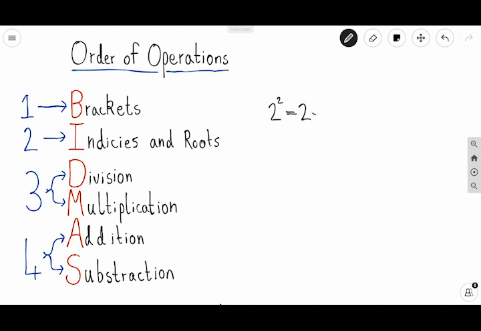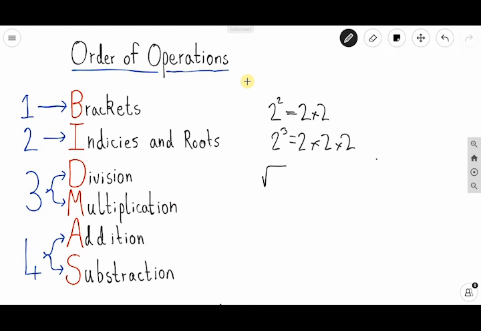And if there is a 3, that's just 2 times 2 times 2, 3 of 2's multiplying each other. And a root is basically the opposite. So when we do 2 times 2, we get 4. So the root of 4 would give us 2.